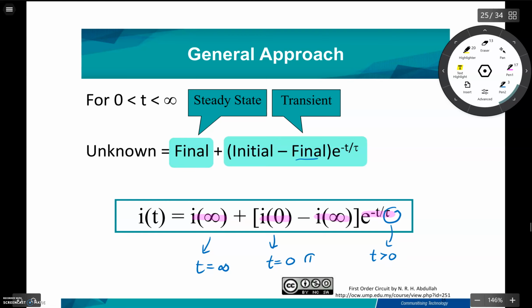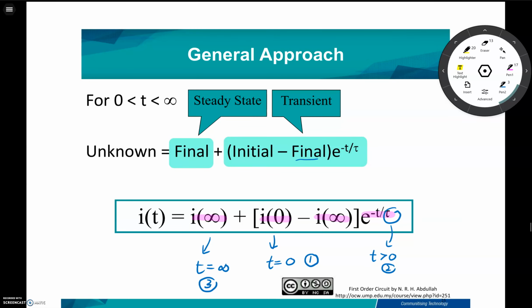So this is the first step, second step, and then this one is the third step. Each of these steps consists of its own circuit. So there will be 3 circuits in order to find and determine the equation of i(t).